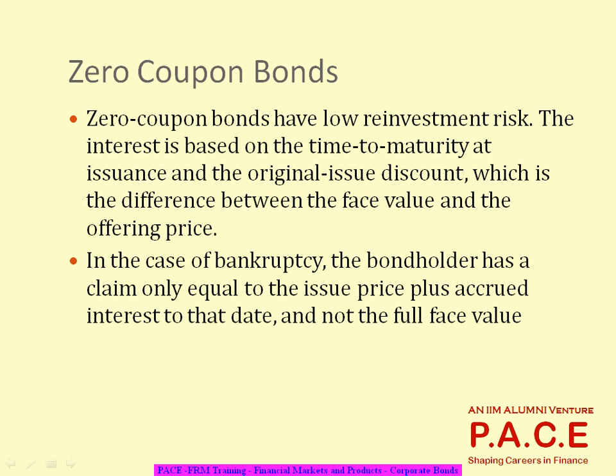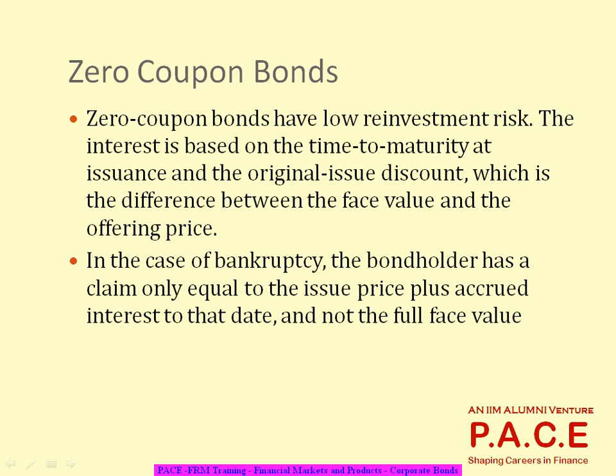Okay. Zero coupon bonds are exposed to low reinvestment risk, because you get reinvestment risk when you get something in the middle and you are not able to reinvest it at a good interest rate. Let's say a bond pays you 100 rupees every year. If the interest rates have fallen in the market, and you are not able to deposit that 100 after 1 year at a higher rate, that is what we call reinvestment risk.